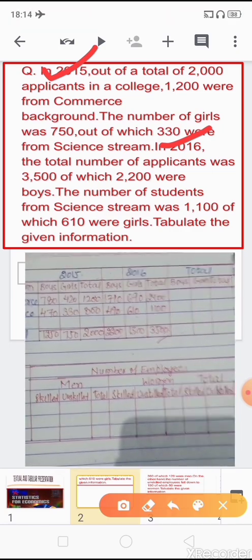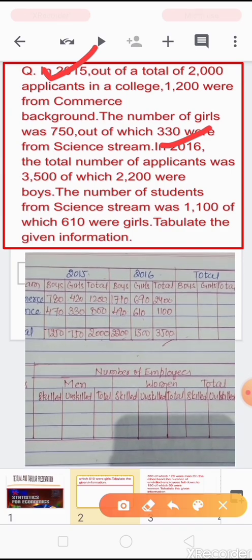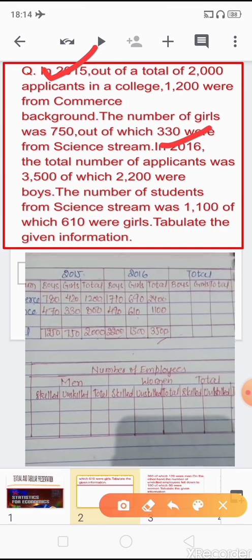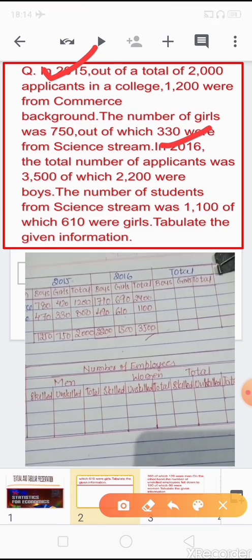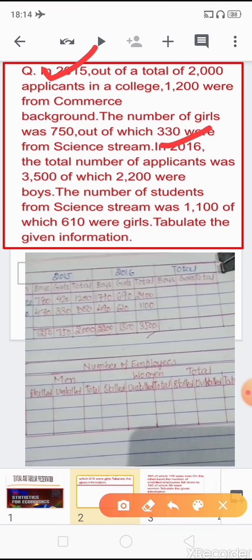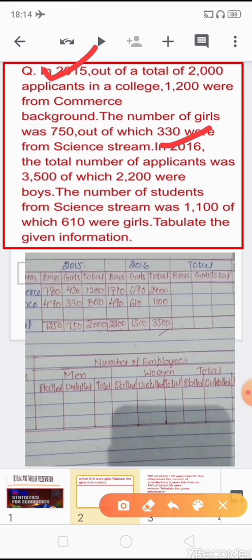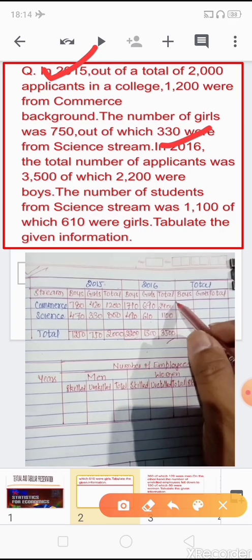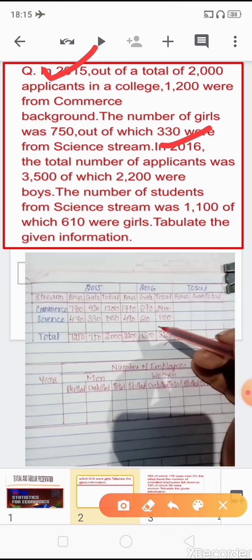So whatever values we are getting, they should match with the other values. I mean, when we are totaling with the rows as well as with the columns, the addition should be equal in all ways. So these are basically the total number of students studying, the boys and girls, section wise, as well as the total number.